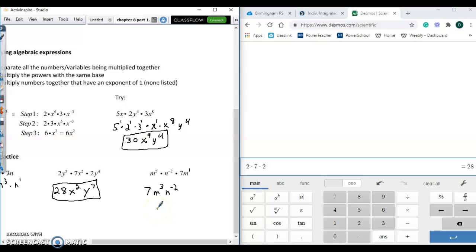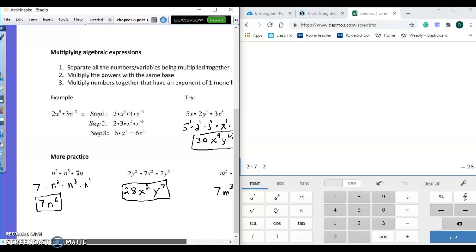Now, as your answers are progressing, you are going to need to make this a positive, because that was the rule we learned the other day. So I'm going to rewrite this as 7m to the 3rd, which would be on the top of the fraction. And to make this a positive, we move it to the bottom of the fraction. So n squared. So that would be my final answer, and using only positive exponents.